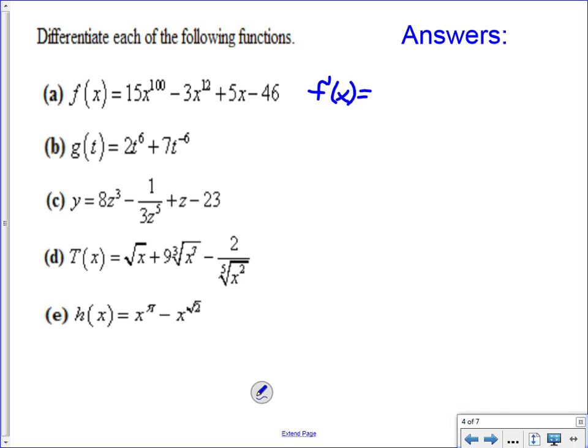So we're going to take the 100 and multiply it by 15. So that'll be 1500 times x, subtract 1 from your 100, so that'll be to the 99th power, minus 12 times 3 is 36, x to the 11th power, and then plus 5.